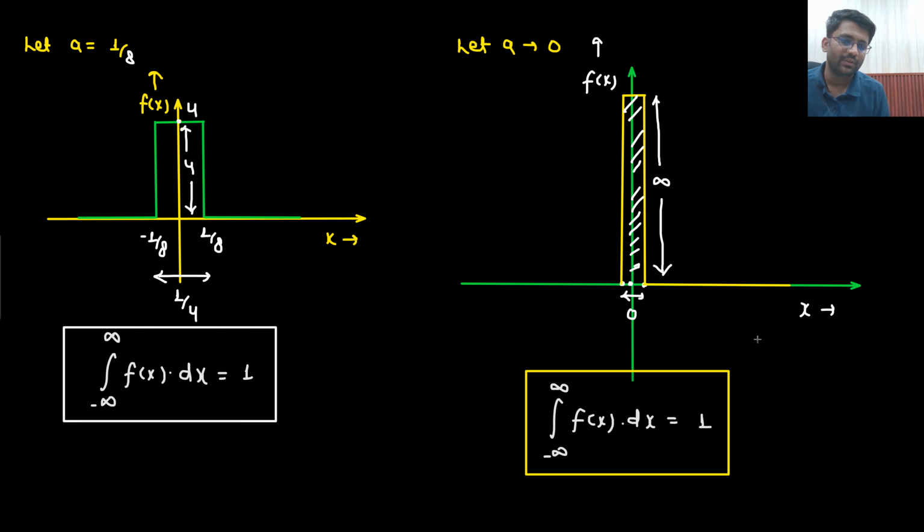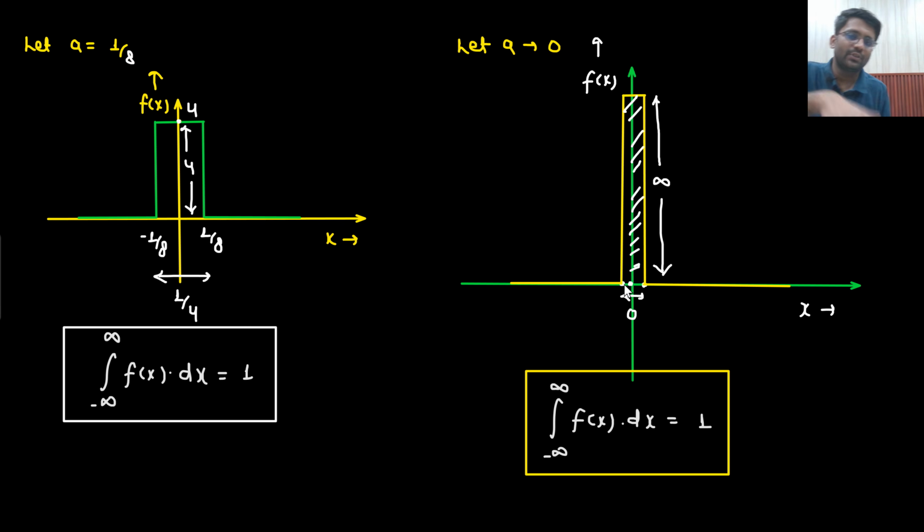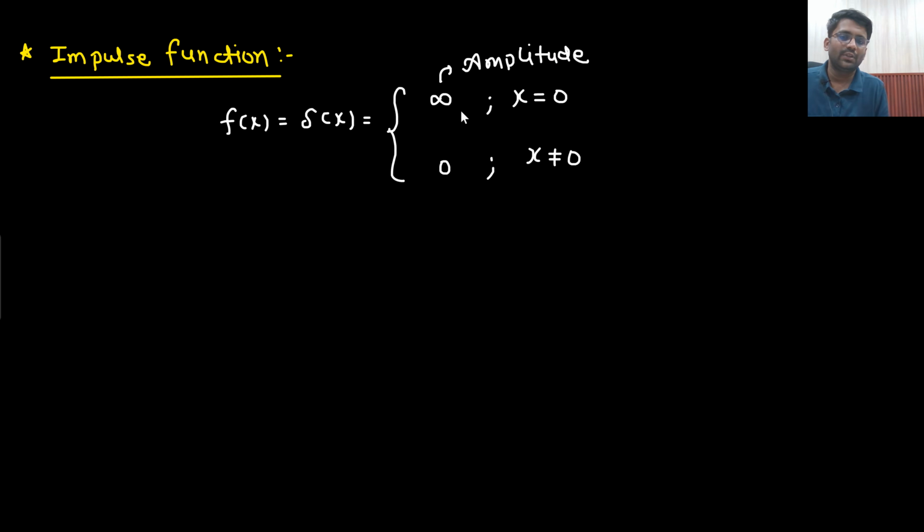The value is 0 only. So if x equals 0, then the amplitude is infinity, and if x is not equal to 0, then the value is 0. This is how the delta function is defined.